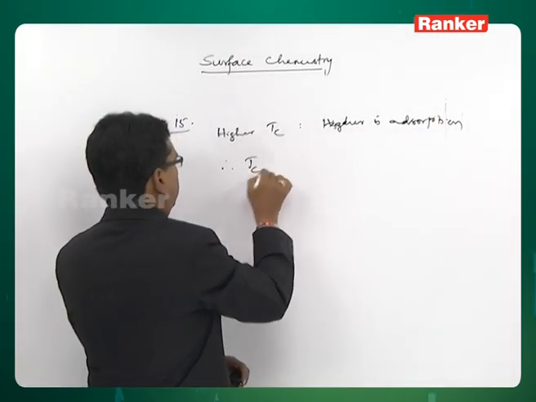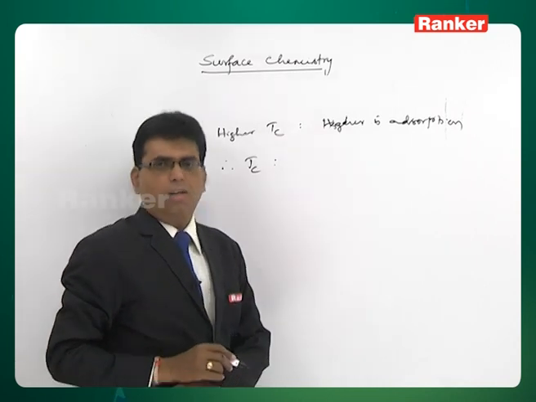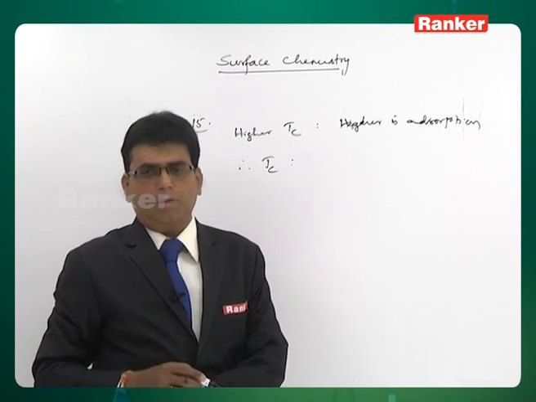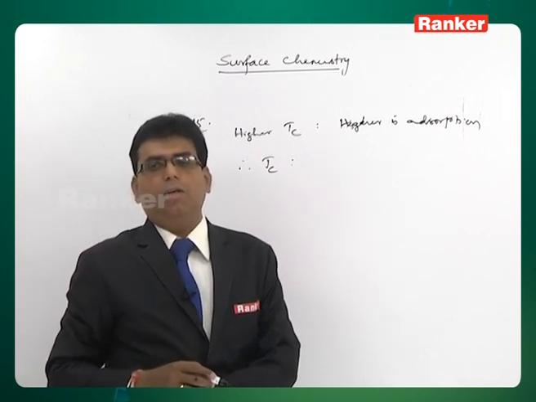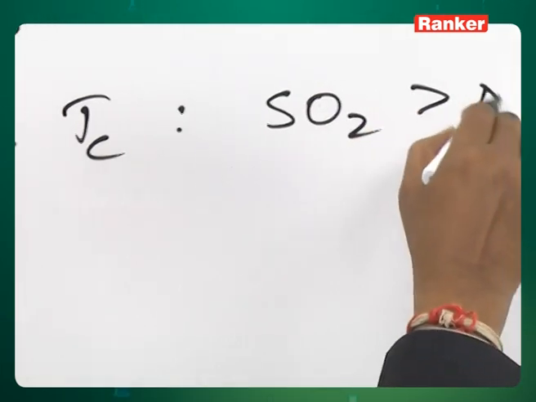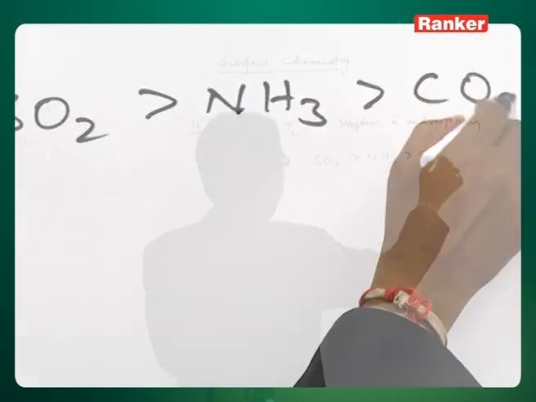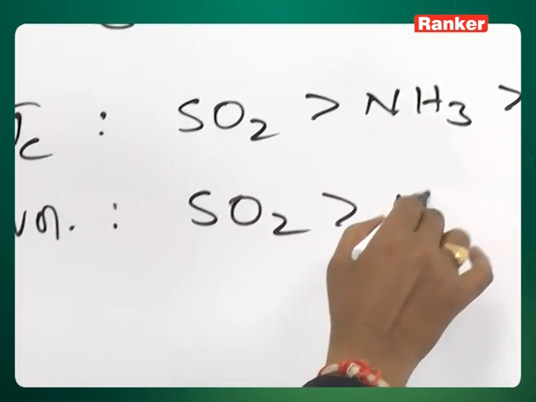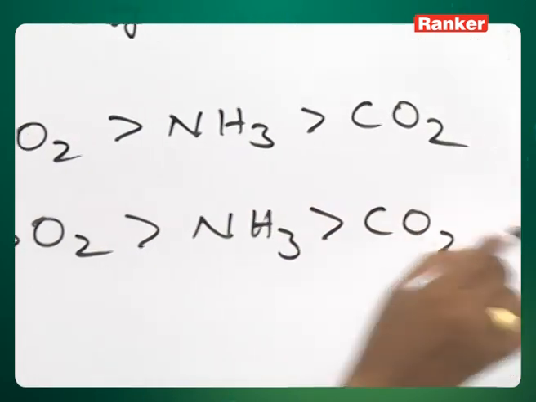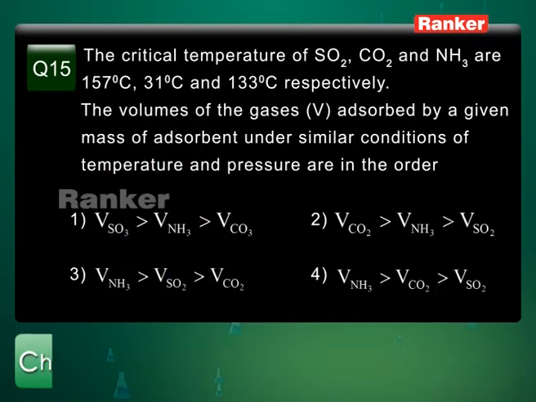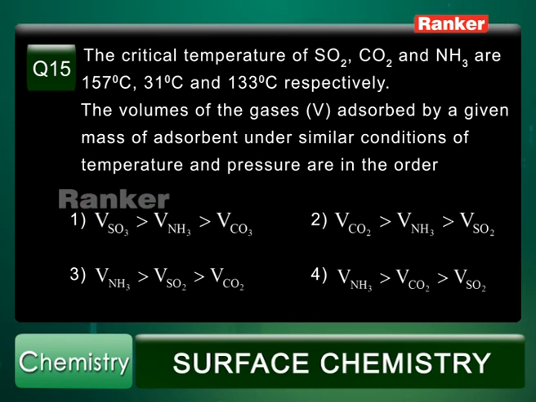Therefore, the Tc order is 157 for sulfur dioxide, 31 for carbon dioxide and 133 for ammonia. So, the order is sulfur dioxide greater than ammonia greater than carbon dioxide. Therefore, the extent of volume of gas adsorbed also follows the order SO2 greater than NH3 greater than CO2. So, the correct answer is option 1.